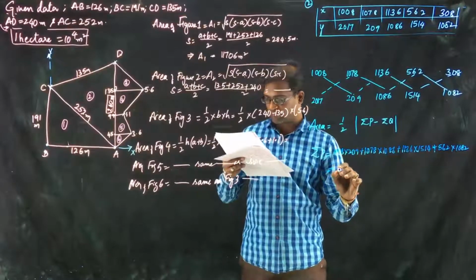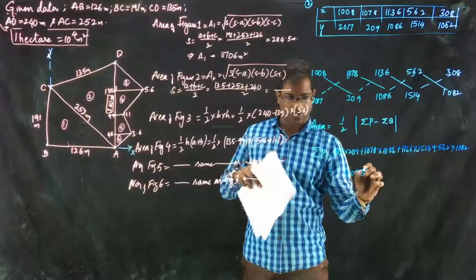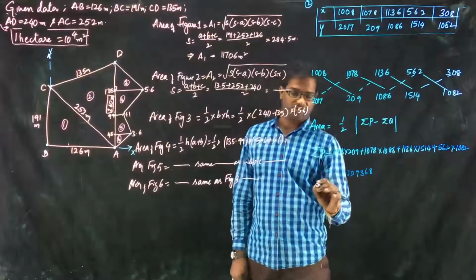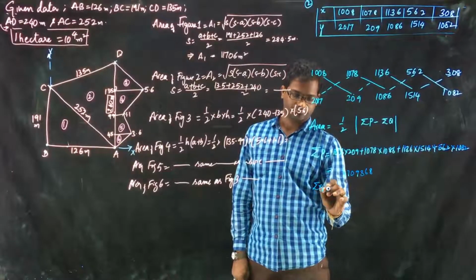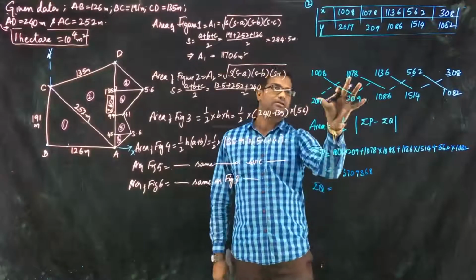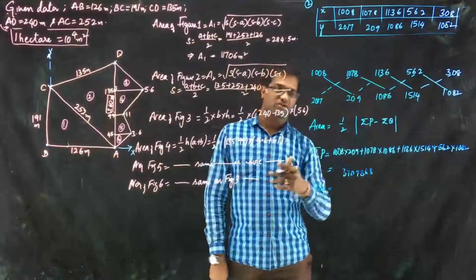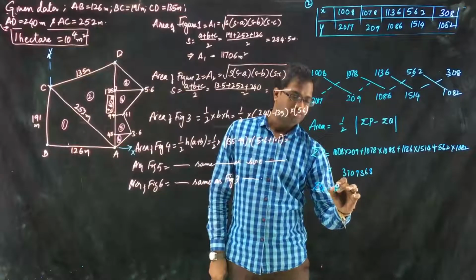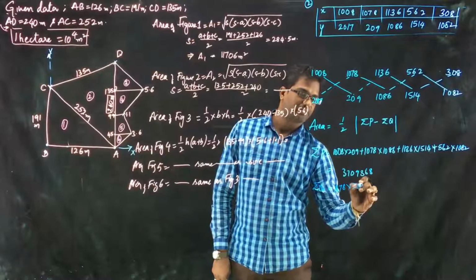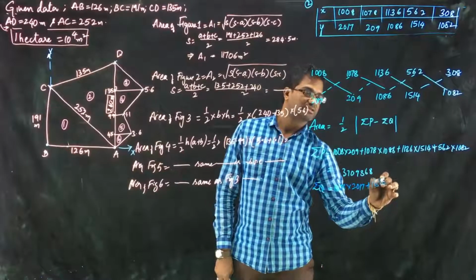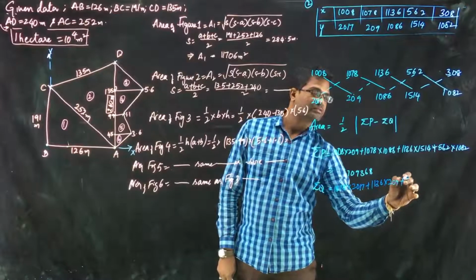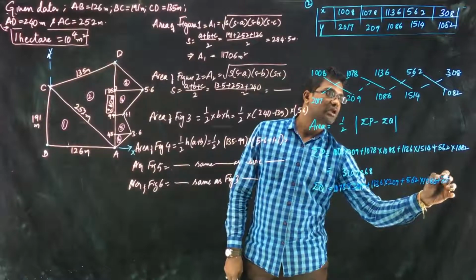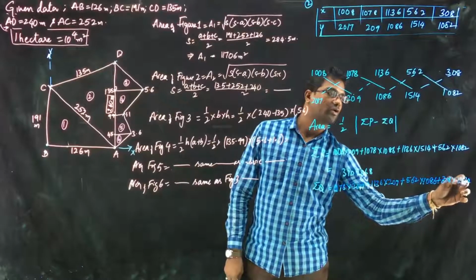Now this will give you a value of 3709368. Then I've got summation of Q, which is nothing but you have to multiply these dotted lines and add them up as with the first summation of Q. So this is 1078 into 2017 plus 1136 into 209 plus 562 into 1086 plus 308 into 1514.